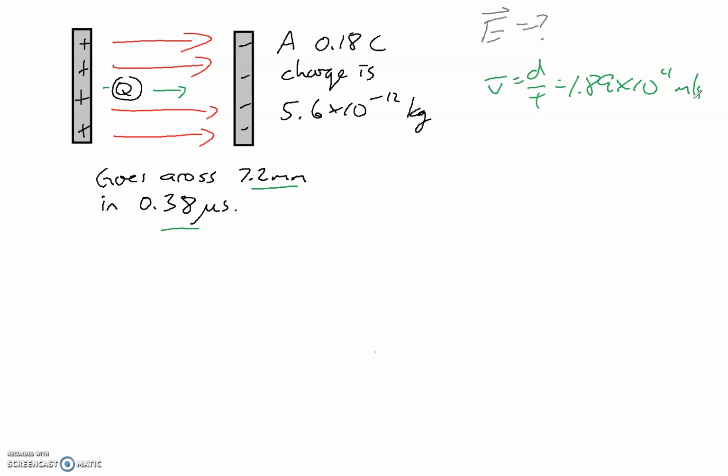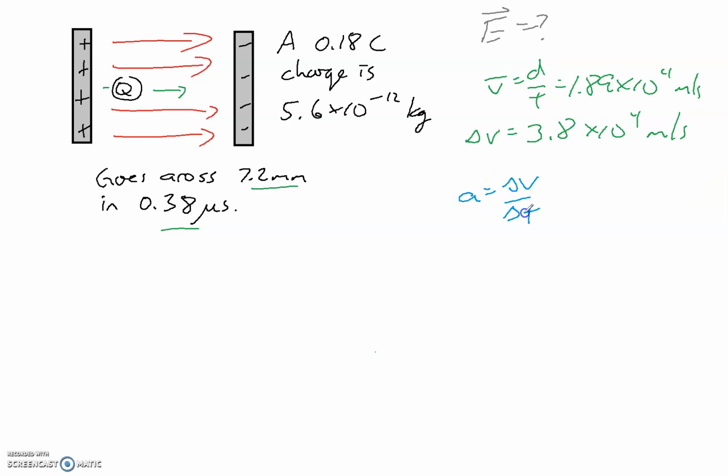Of course, what I'm going to do is double that, because it will start at rest, and then I'll have my change in V. So my change in V is going to be around 3.8 times 10 to the 4 meters per second. Okay, well, I've got change in V, and one of the logical things that we often find after that is acceleration. So let's find our acceleration.